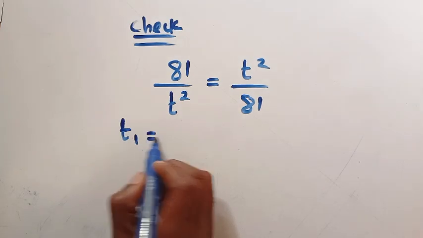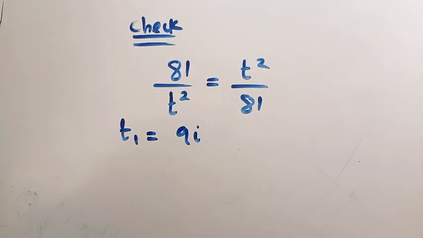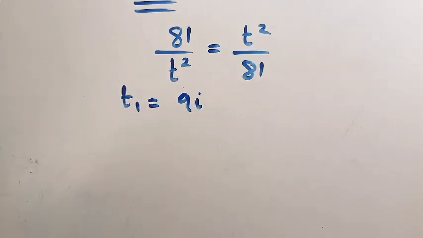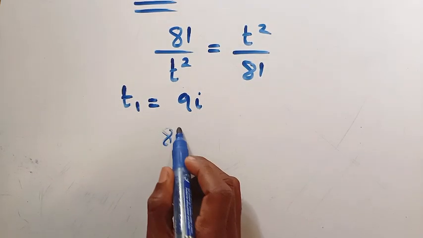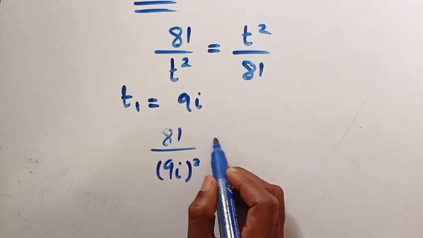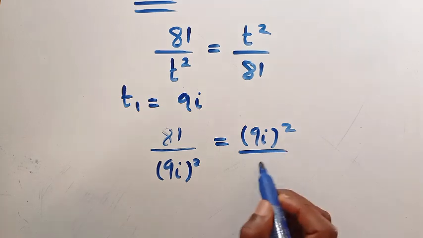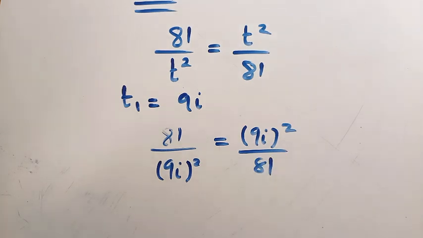If t1 equals 9i, let's substitute here and check if the left hand side equals the right hand side. We have 81 over 9i squared equals 9i squared divided by 81.